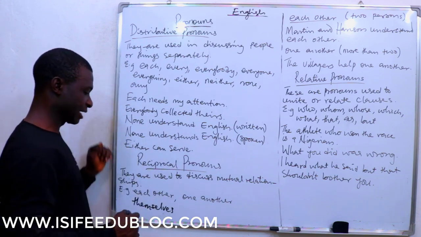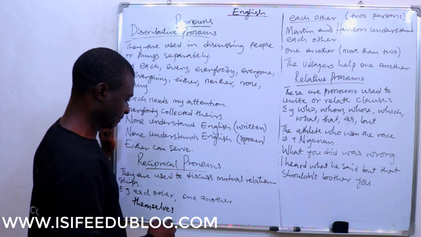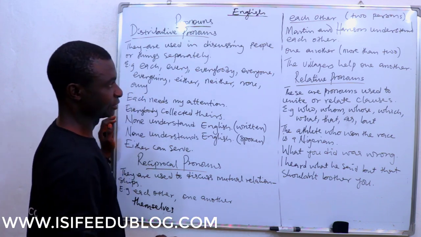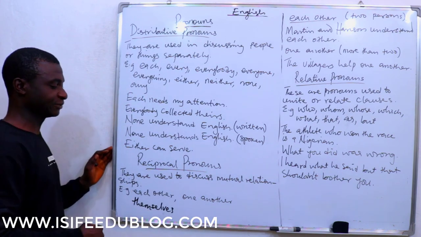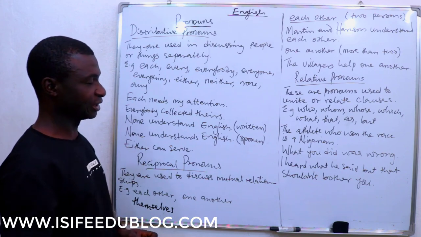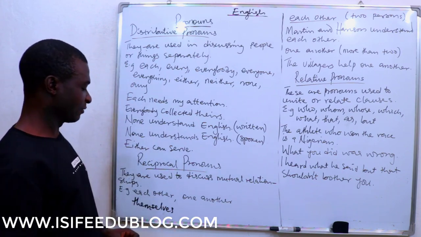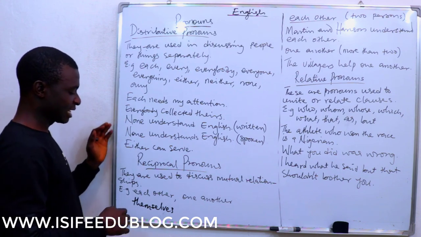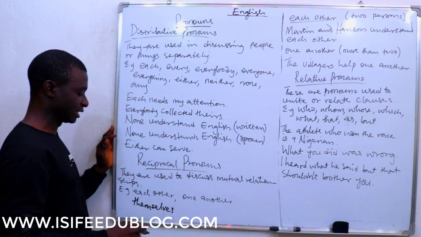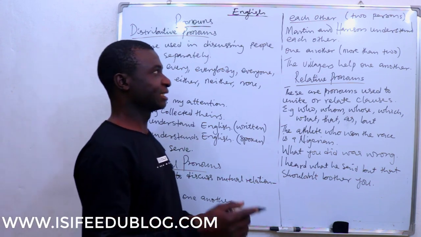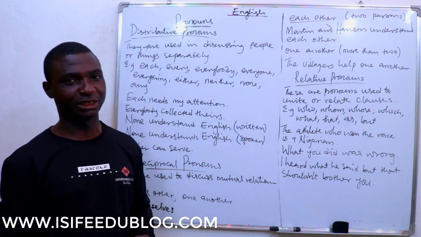Martin and Harrison enjoyed themselves. So Martin enjoyed himself and Harrison enjoyed himself. But if I say Martin and Harrison enjoy each other, it means Harrison does things that Martin likes and Martin does things that Harrison likes.